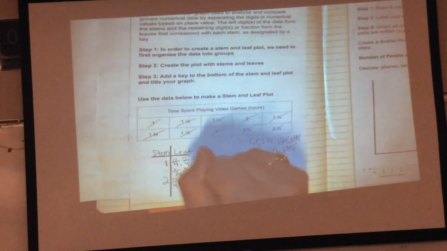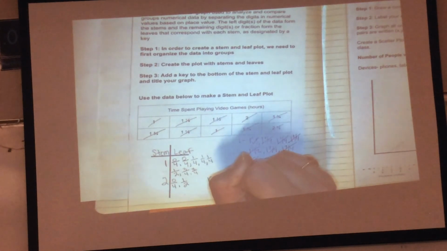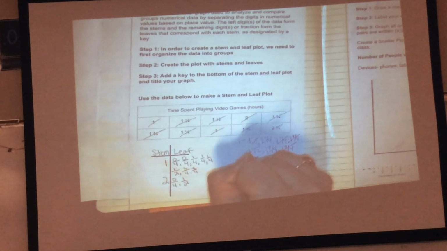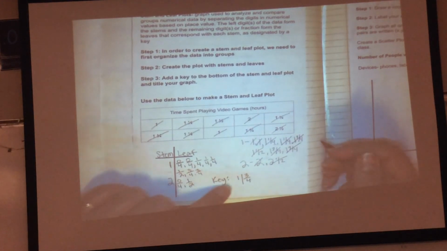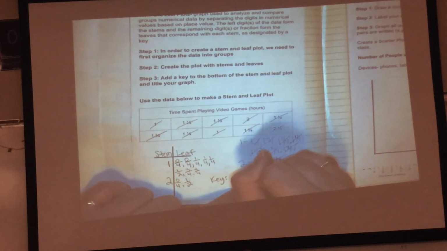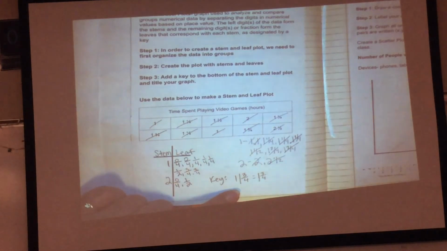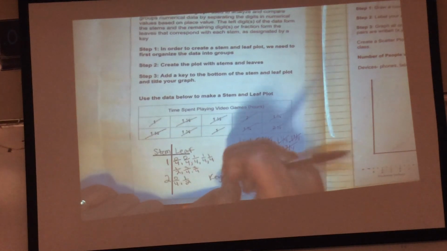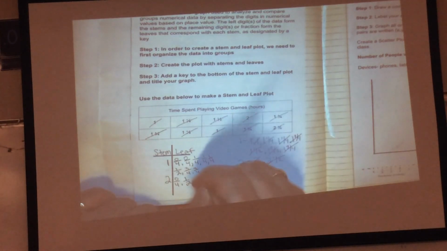So my key for this, we're gonna say each fraction is one person. 1 line 3/4 equals 1 and 3/4.